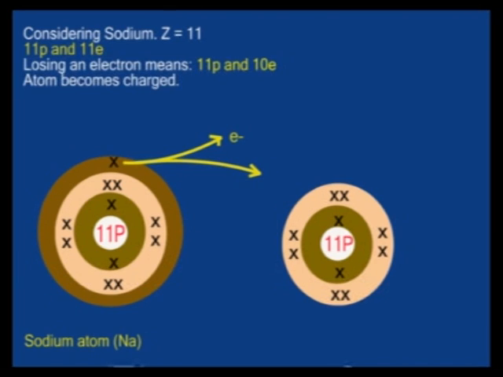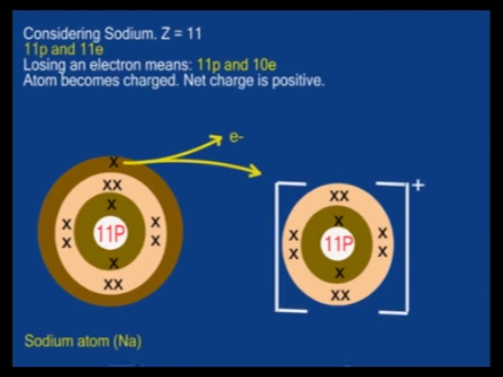The loss of an electron is not accompanied by loss of a proton. This will mean that it is no longer a neutral atom anymore. It has a net charge of positive 1. Protons now exceed electrons by 1. The particle formed is now called an ion.